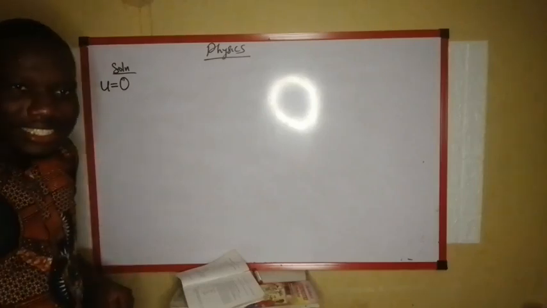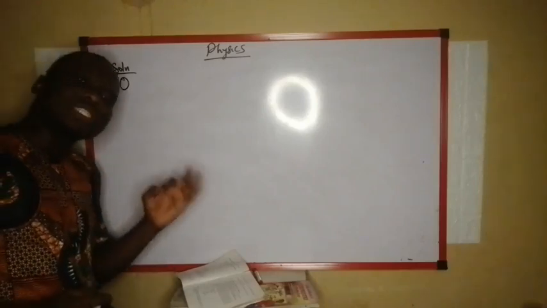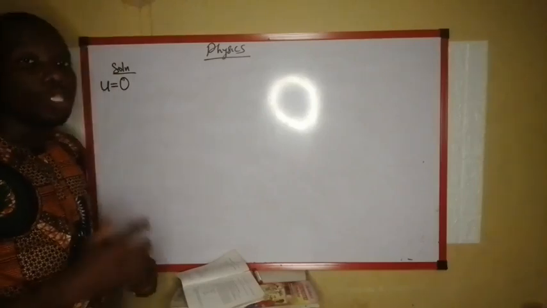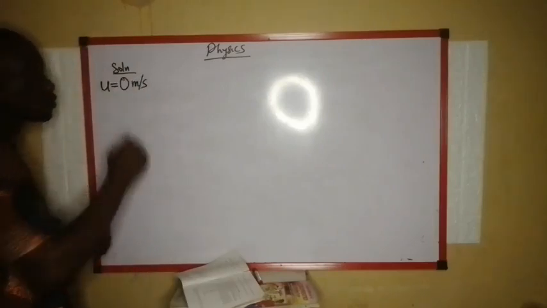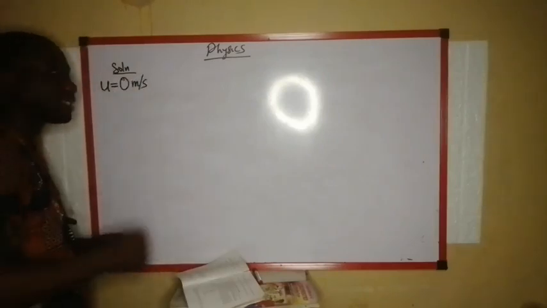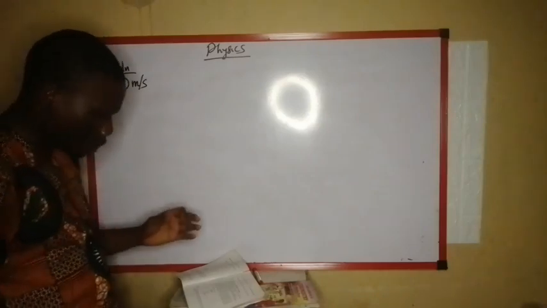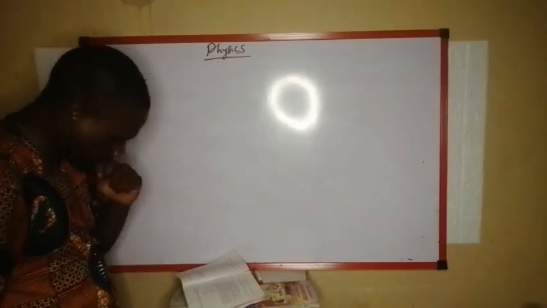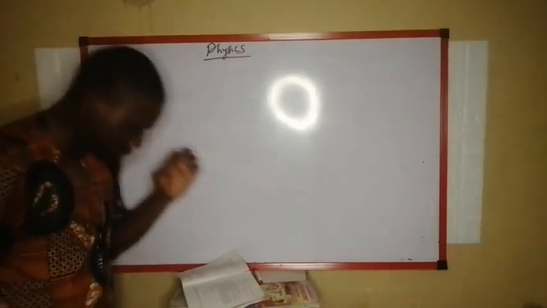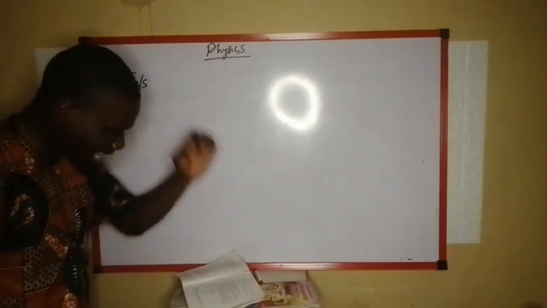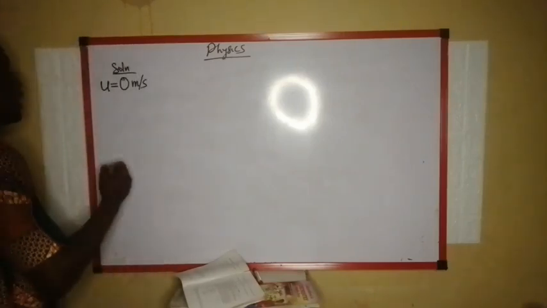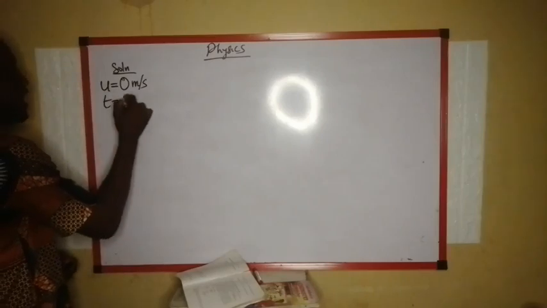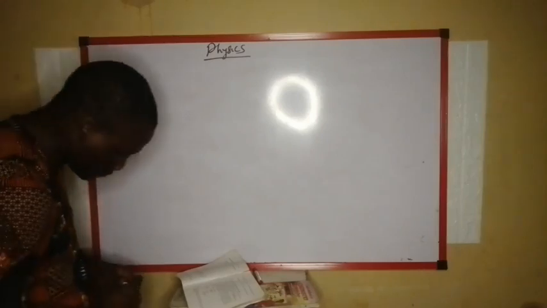And you'll be wondering, what is the unit of velocity? The unit of velocity is meter per seconds. We are going to do that shortly. I will explain to you how we got meter per seconds. Then the next thing, they gave us the time, 8 seconds.